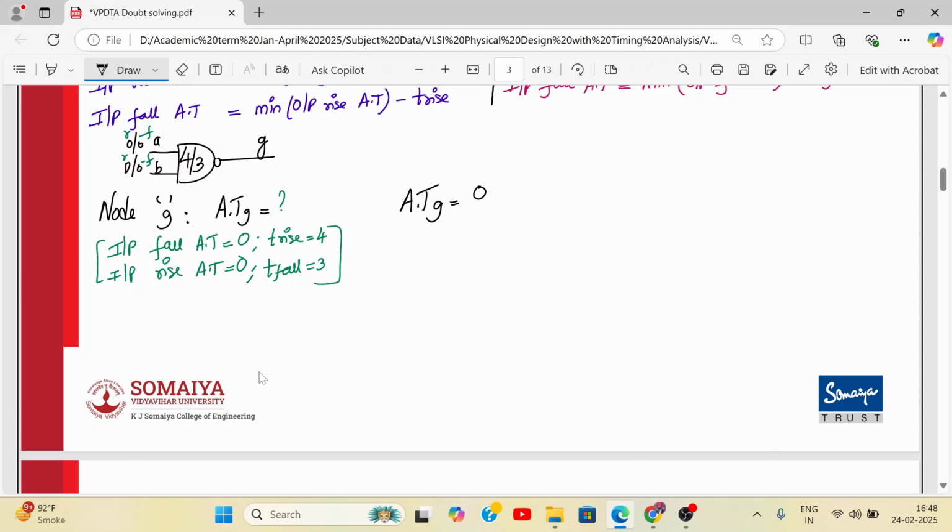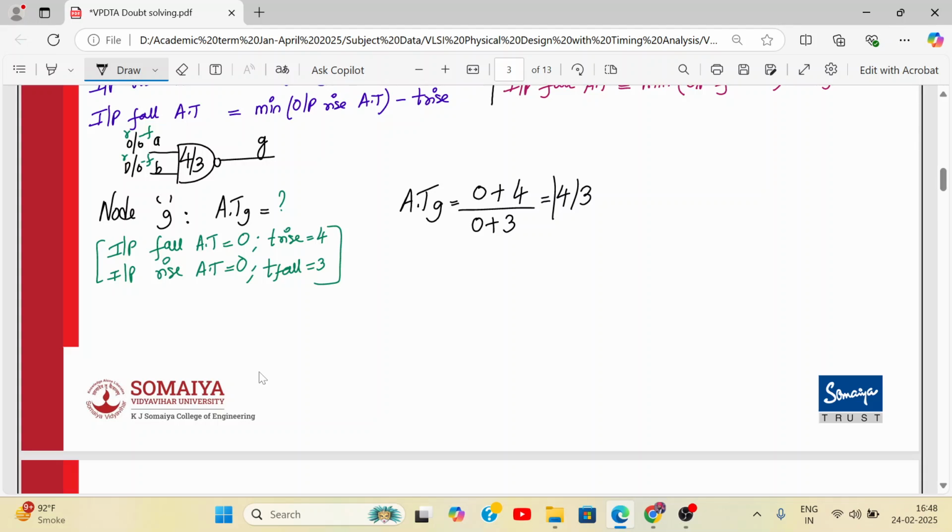So this is 0 plus 4, and below it will be output fall arrival time, which is maximum of input rise arrival time plus T fall. So this will be 0 plus 3. So the arrival time at node G is 4 by 3.